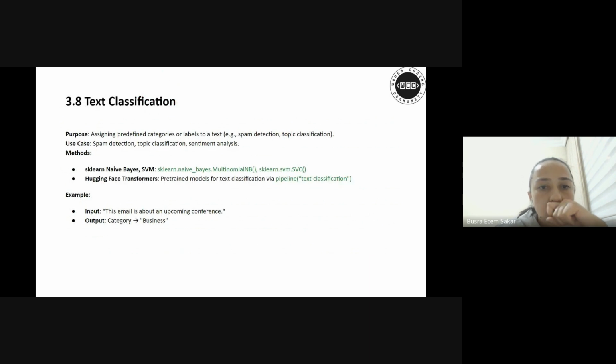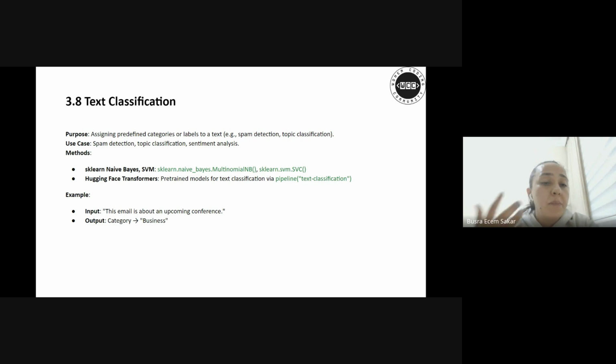So let's also move on to another common task, text classification. The purpose of this method is to automatically assign predefined categories or labels. For example, this method can be used for spam detection, where emails are classified as spam or not spam, or topic classification, where documents or articles are categorized into specific topics like sports, business, or technology.